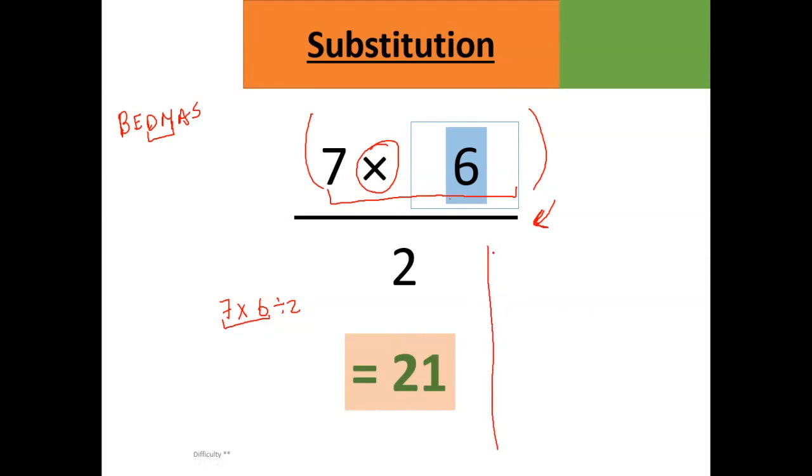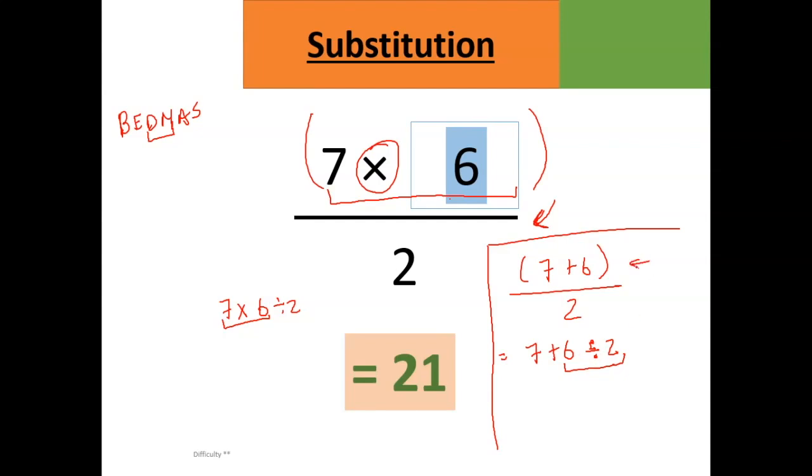But let's say I had a different one. So I had 7 plus 6 divided by 2. The problem here is if I don't tell my calculator, it's probably going to take 6 divided by 2 first, because it follows BEDMAS, and BEDMAS tells it to do division first.